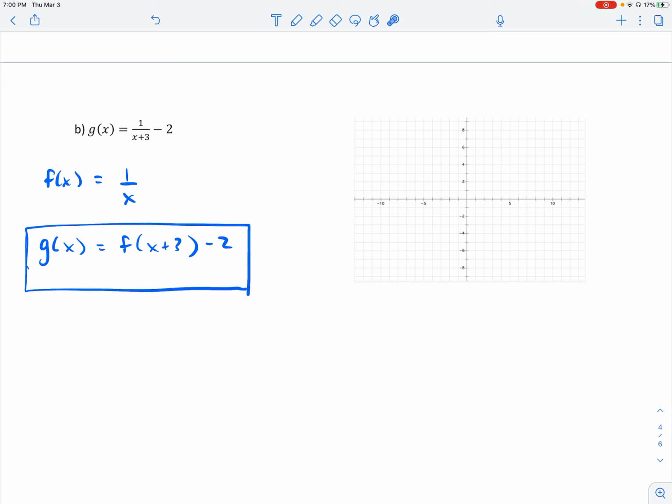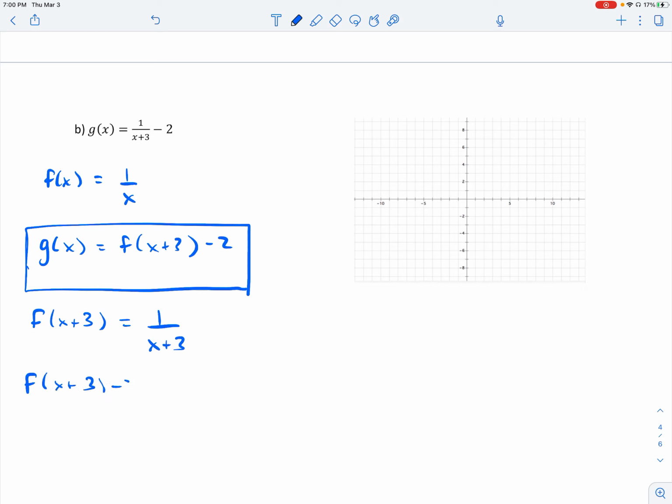So I can verify this real quickly. You don't need to do this, but if you write out f of x plus 3, you can plug x plus 3 into x and you get 1 over x plus 3. Notice this looks a lot like this here. In order to get the same thing, we just have to subtract 2 on both sides.